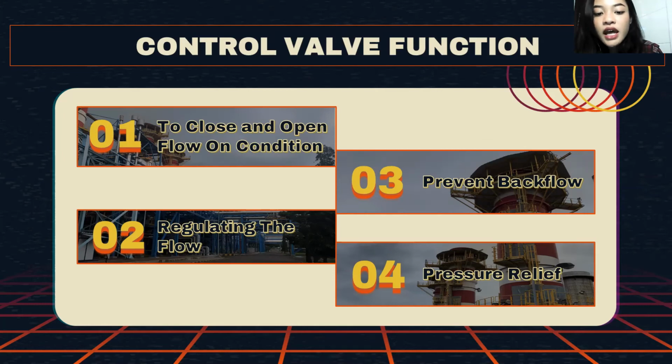Number 3, to prevent backflow, usually using a check valve, lift check and swing check. This valve will remain open and will close when there is flow in the opposite direction. Number 4 is pressure relief, using a relief valve and safety valve.